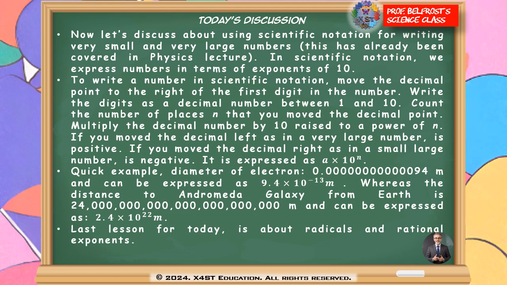Scientific notation is actually a very important concept for writing very small and very large numbers. I have covered this in my physics lecture, and I want you to pay attention to that lesson on physics, units, and measurements. I covered this topic in my last physics lecture very deeply, and I also covered how to do operations using significant figures.